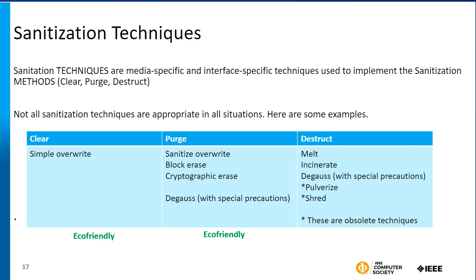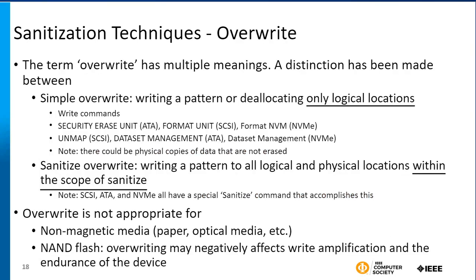But it's not always the case, and we recognize that. But in the IEEE 2883, we do try to give enough options to make clear and purge a palatable choice.